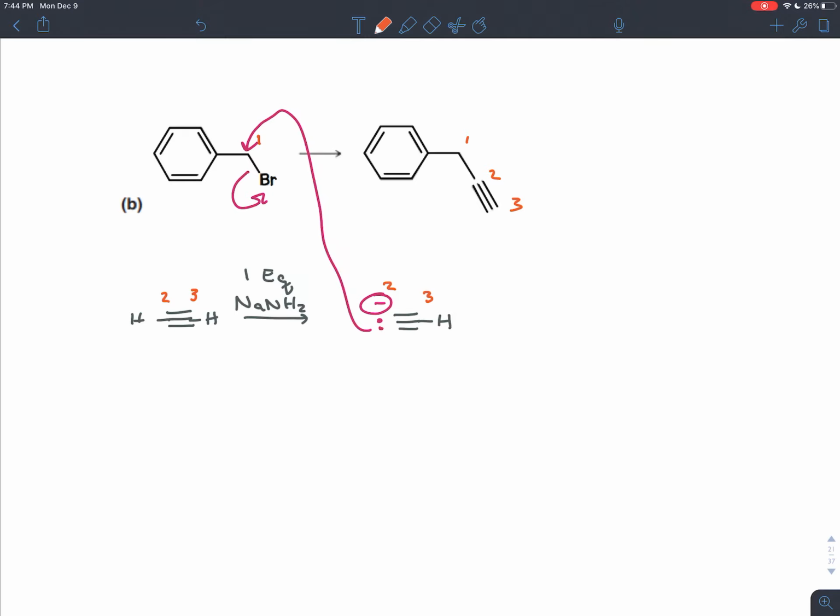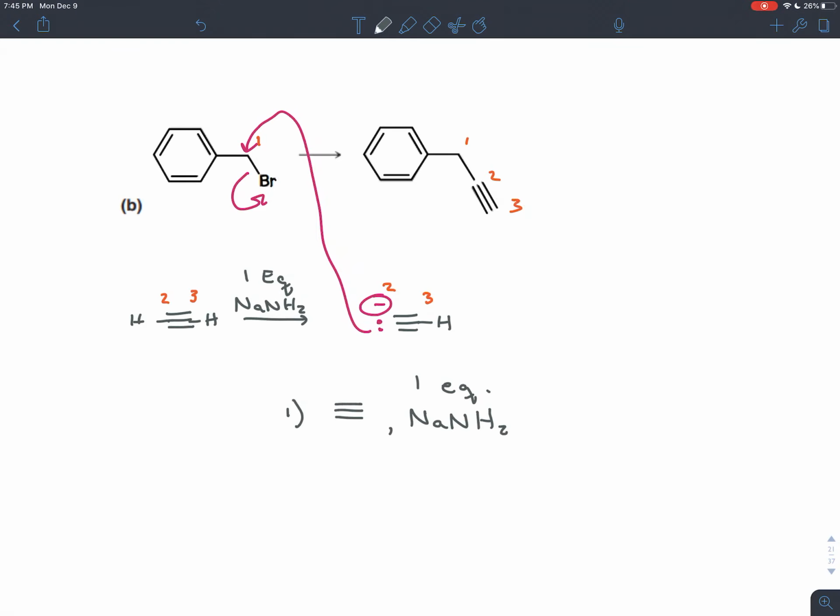So it's really just a matter of taking the acetylene, that's this ethyne molecule, treating that with sodium amide, one equivalent, and that's it. Now, the one thing about that is, if you do that, some sodium amide may rip off the hydrogen on the other side. So if you just want to be safe, do a water wash afterwards, to do a proton transfer to stabilize that, that might be a good idea.